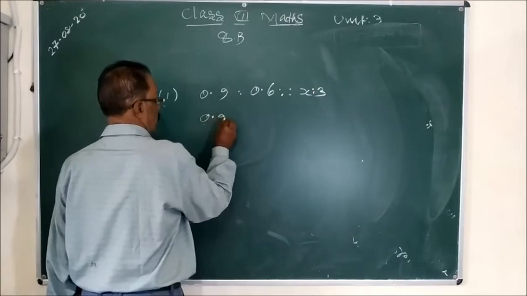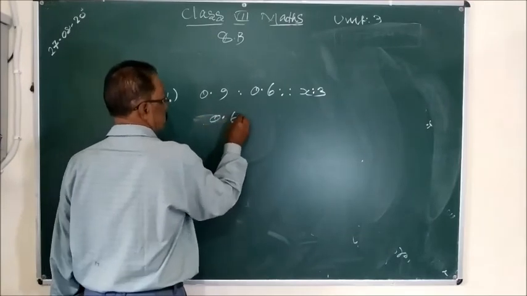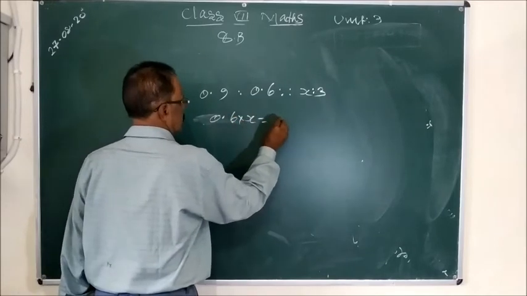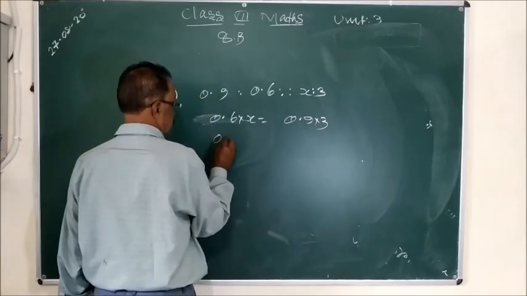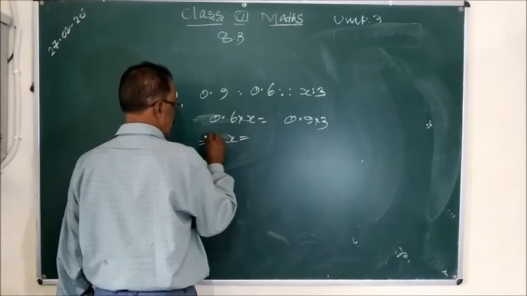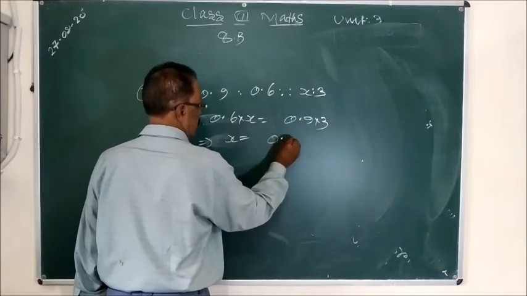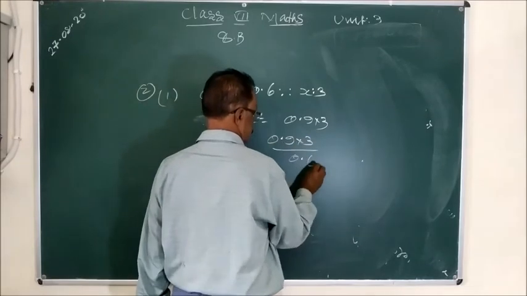So 0.6 into x is equal to 0.9 into 3. So x is equal to, what will you get? On transferring 0.6, 0.9 into 3 upon 0.6.